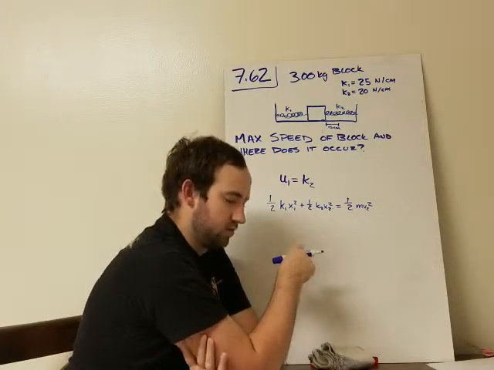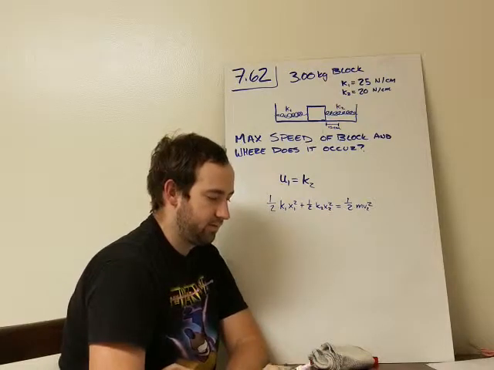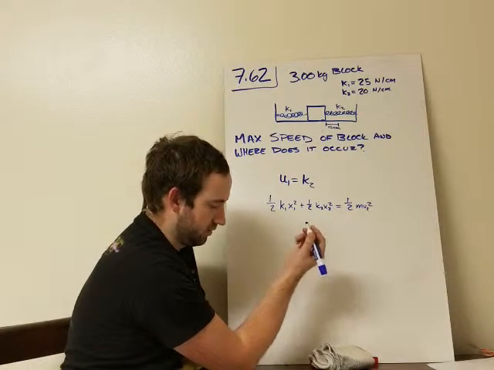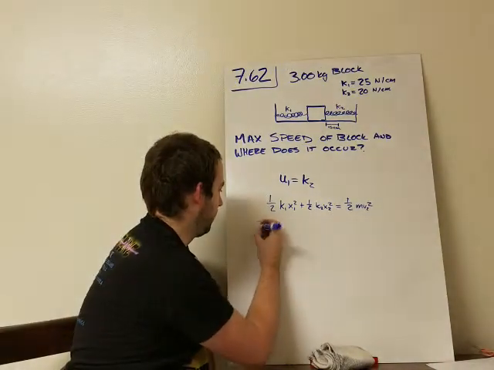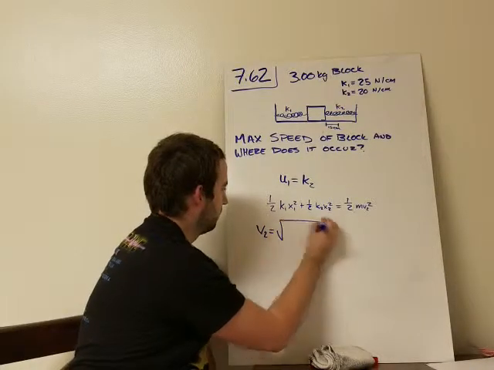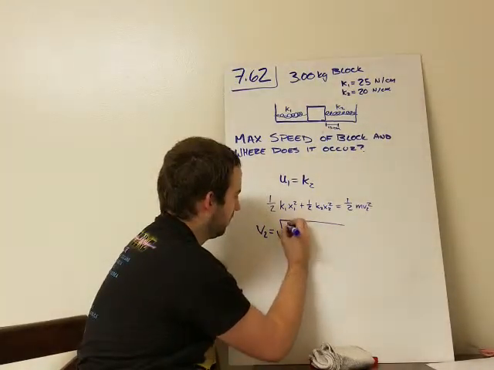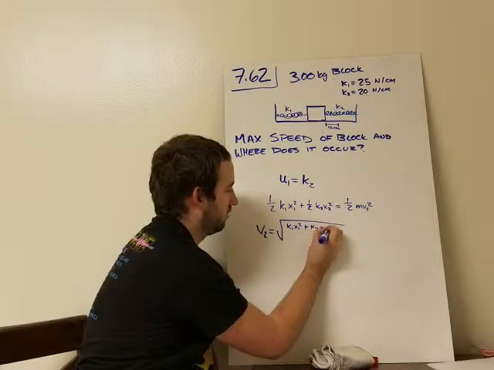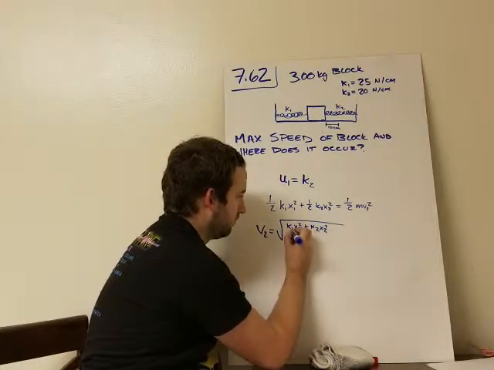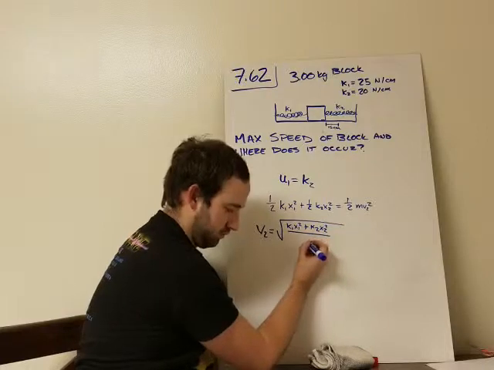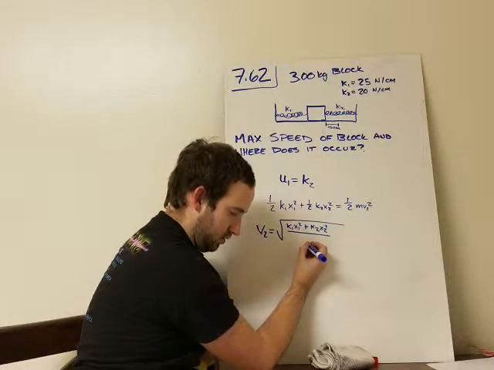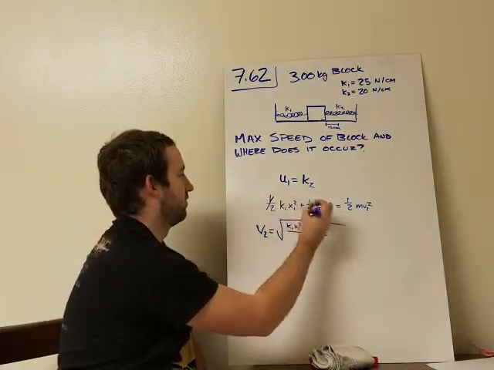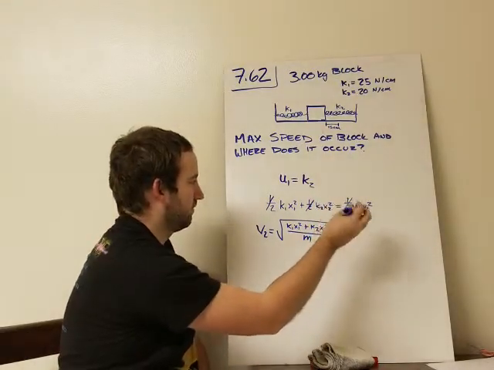So now what we need to do is solve for V2, so do the algebra. I'll speed it up a little bit since we all know how to do algebra. We end up with V2 equals the square root of K1 x1 squared plus K2 x2 squared over m, since the halves on both sides cancel.